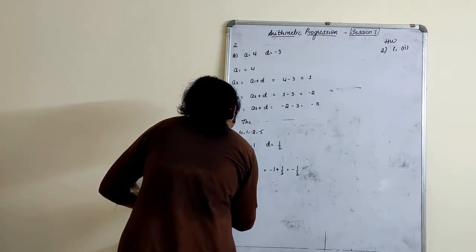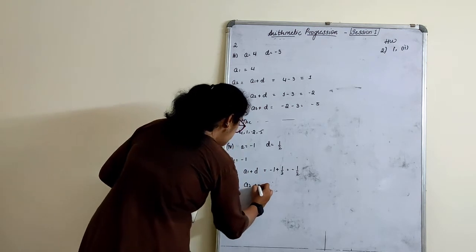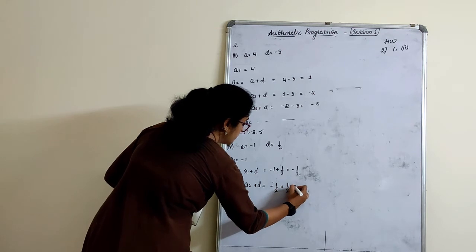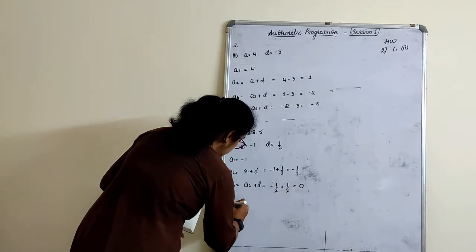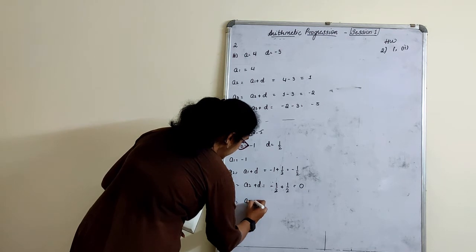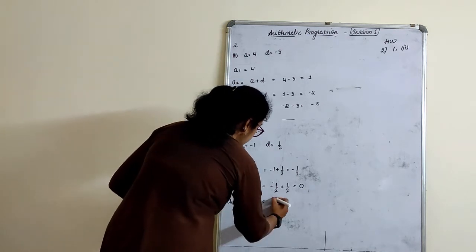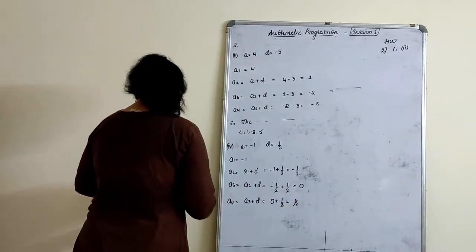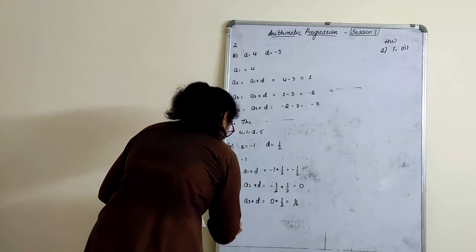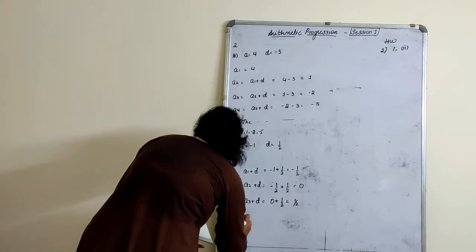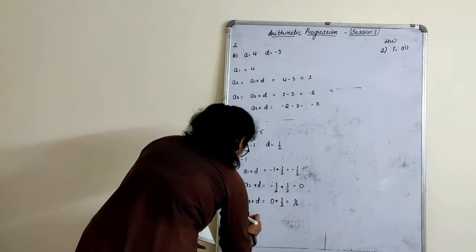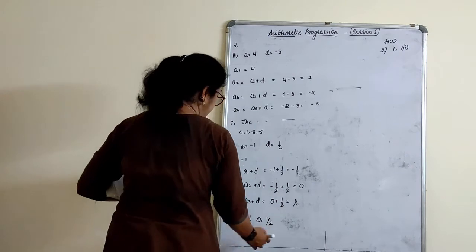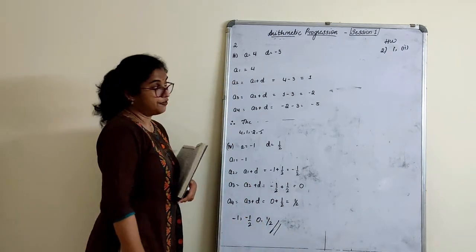Third term is a2 plus d. a2 is -half plus half, it is 0. a4 is a3 plus d. So what is a3? 0 plus half is equal to half. Therefore, the first four terms of AP, write in order, are -1, -half, 0 and half.